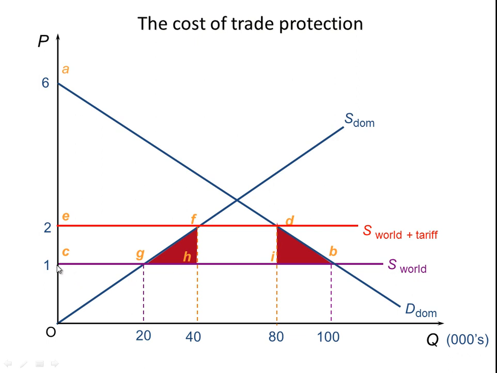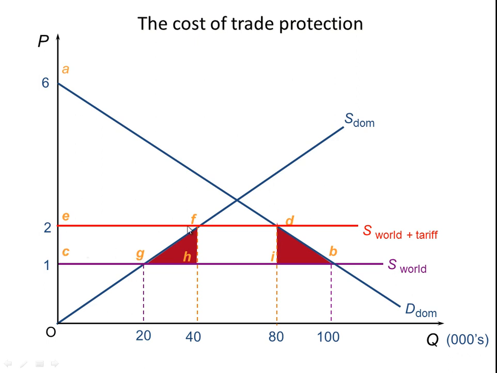And again here, the extra producer surplus is 20,000 times 1, so that's 20,000, then half of that triangle from 20 to 40, which is 20 times 1, but half of that, so that's 10. So together that's 30,000, the extra producer surplus.